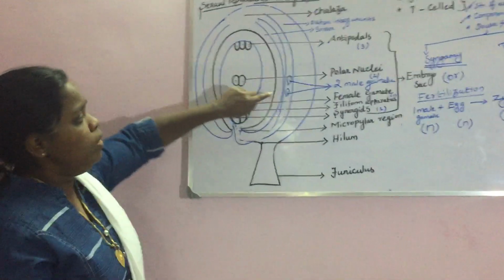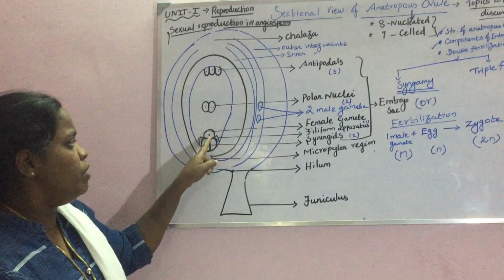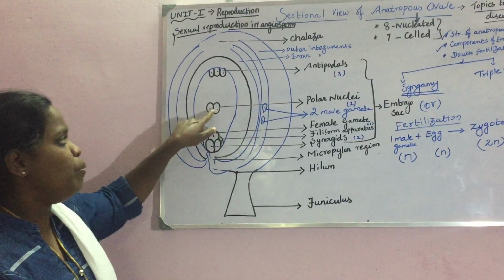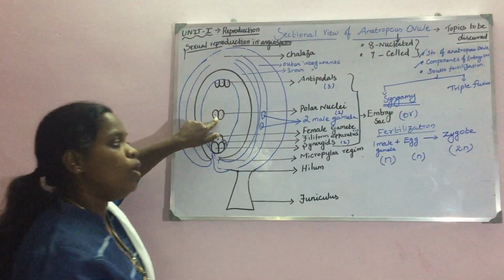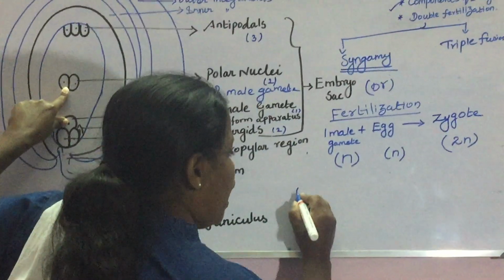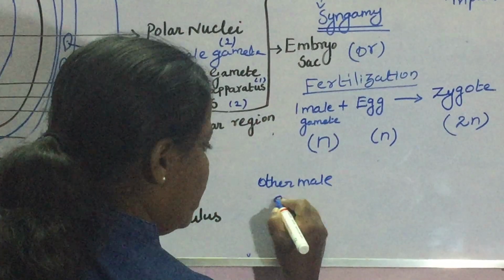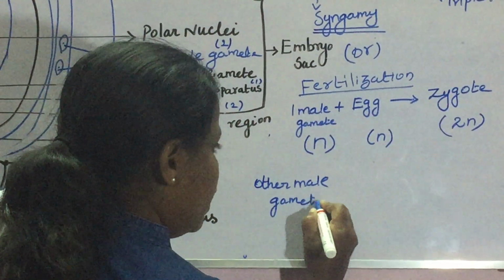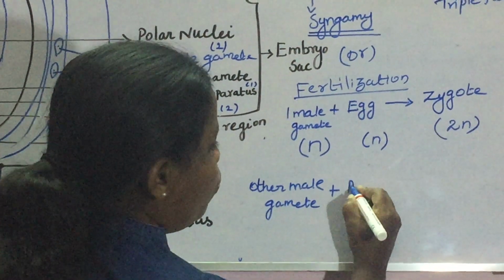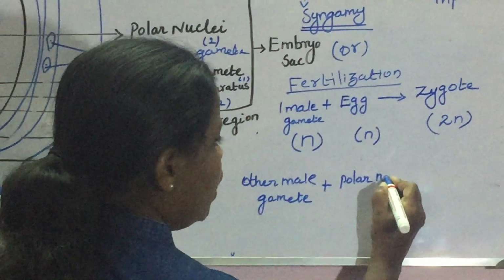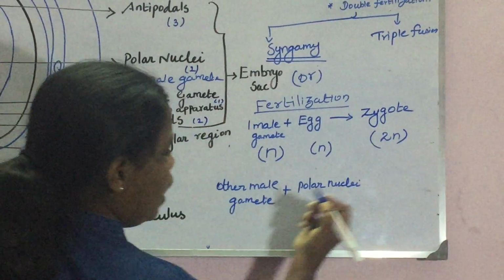One male gamete fuses with the egg, and the other male gamete fuses with the polar nuclei. How many polar nuclei are there? Two polar nuclei.